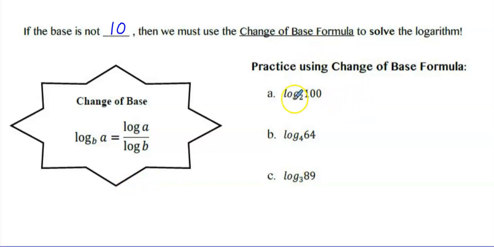So in part A, log base 2 of 100, we would enter in our calculator log 100, again, close the parentheses, divided by log 2. You don't have to close parentheses in the denominator. If you want to, you can. And that would give us our answer.